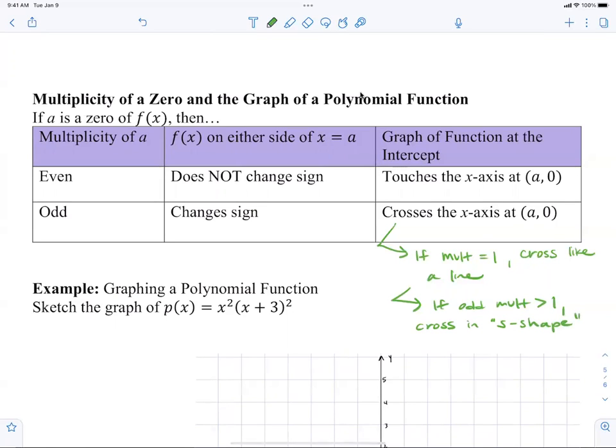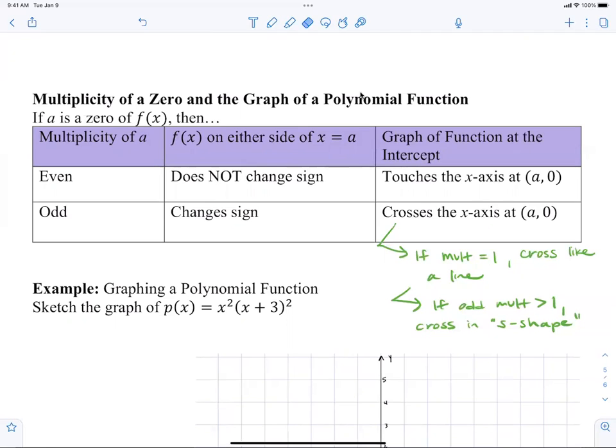Or the higher the multiplicity, like 5, would be a flatter S shape crossing through the x-axis, or a multiplicity of 7 would be even flatter. But think S shape, like x cubed, the chair function. Mhm. Let's say you're supposed to graph it, would you care how flat it was?